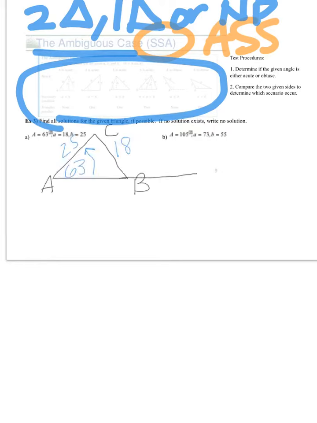So I've drawn the information for example 3a. We have an acute angle, 63 degrees, and we are angling up 25 units. Now, the 18 to form a triangle would have to come down to this line AB somewhere.